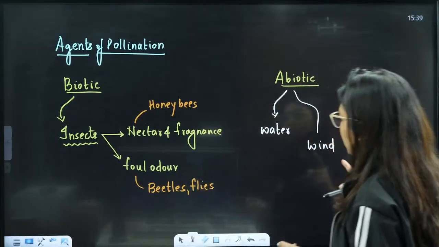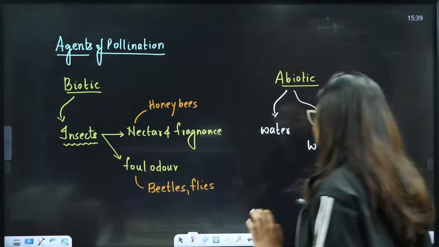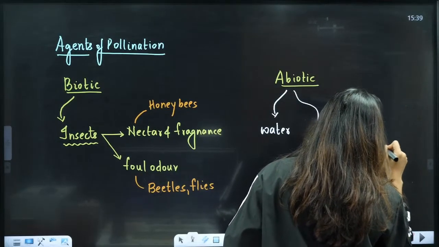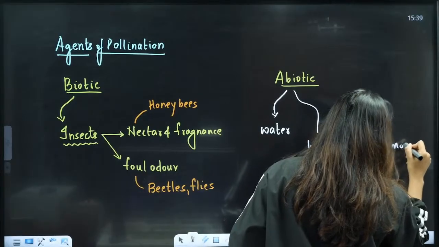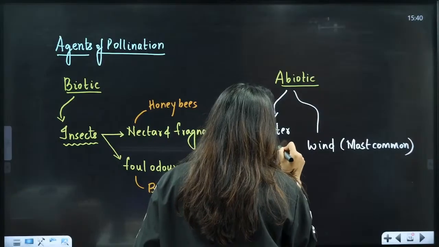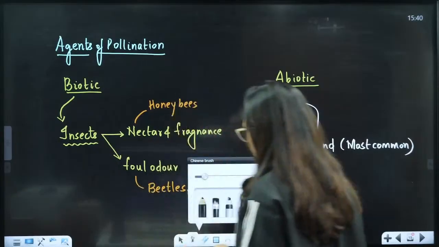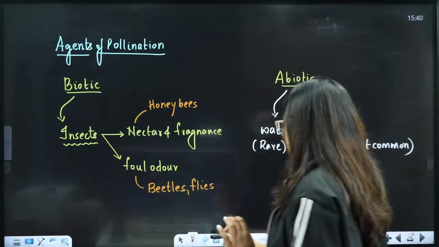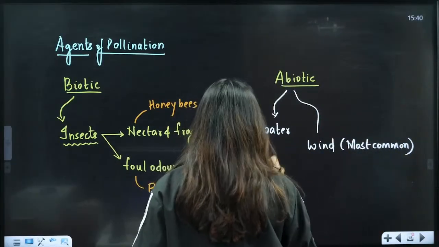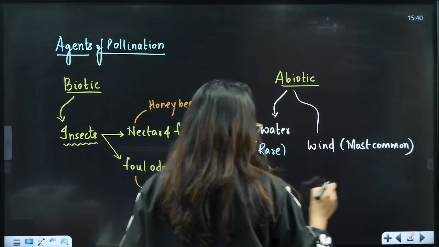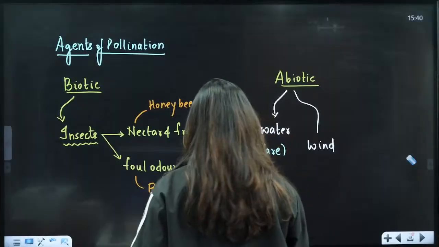So one is water pollinated, one is wind pollinated, but the most common is wind pollination. Water pollination is a little rare, because it's not easy to do water pollination, so it is going to be a little rare. Can you not understand my handwriting? Rare. Okay, this is going to be most common.